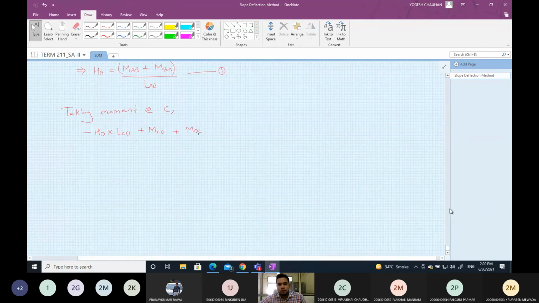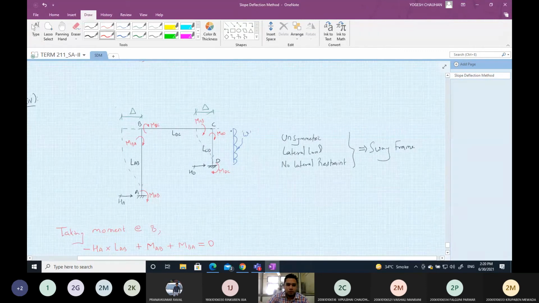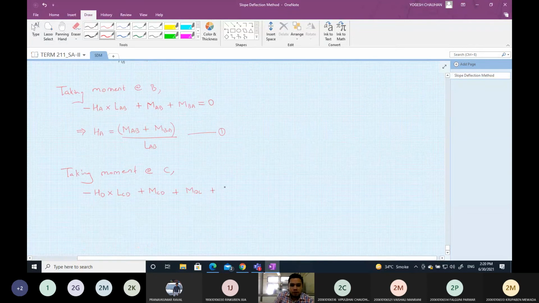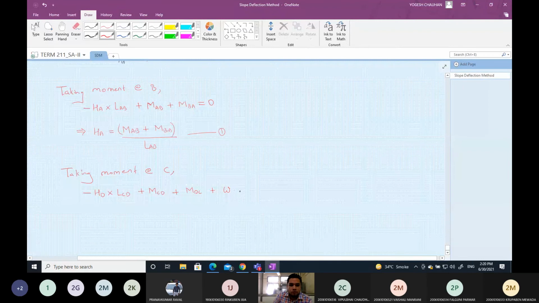Now, in addition to this, because of this UDL there will be a clockwise moment at C. So it will be W into LCD into LCD by 2. This equal to 0.